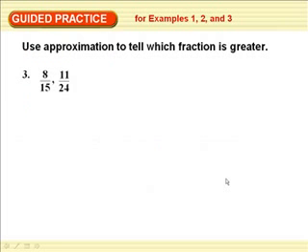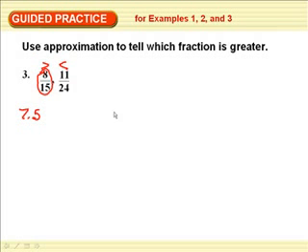Use approximation to tell which fraction is greater. So half of 15 is 7.5. Okay, 8 is bigger than that, so that is greater than a half. Half of 24 is 12. 11 is less than 12, so 8/15 is bigger because 8 is bigger than half of 15.